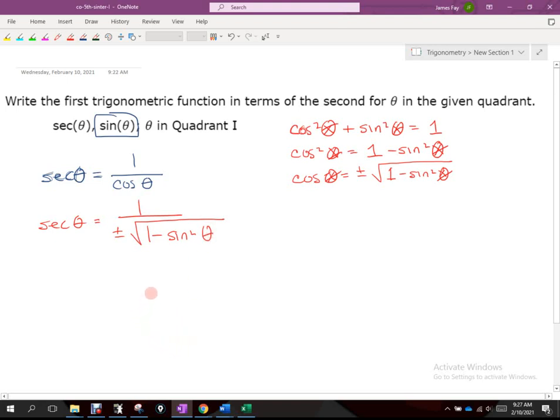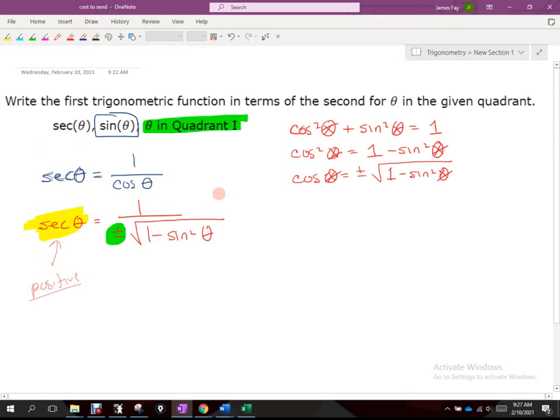Once you do that, the reason they ask you that theta is in quadrant 1 is for us to decide which of these we have to use. So if we're looking at secant, what kind of number is it in quadrant 1? Positive.